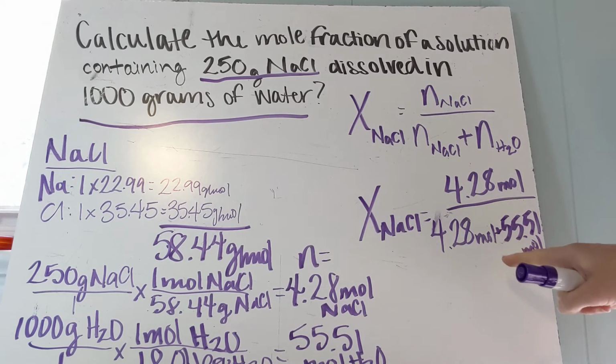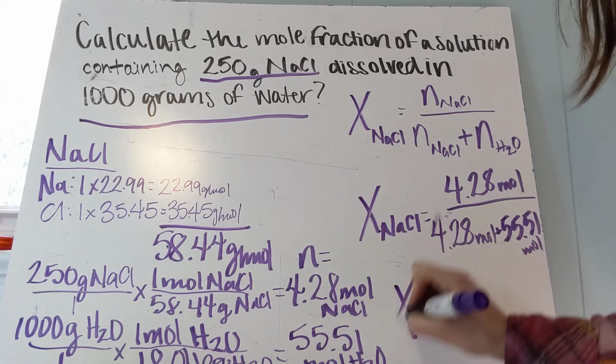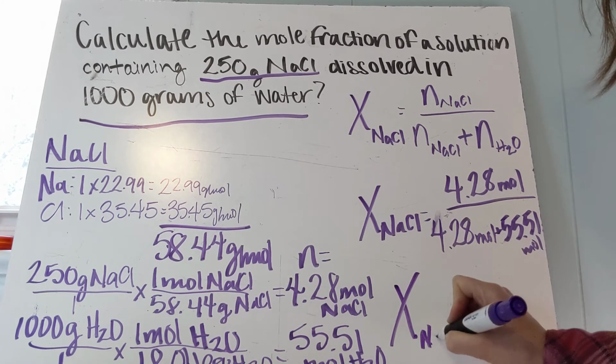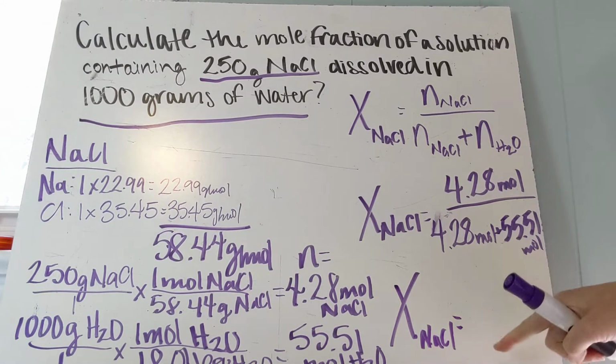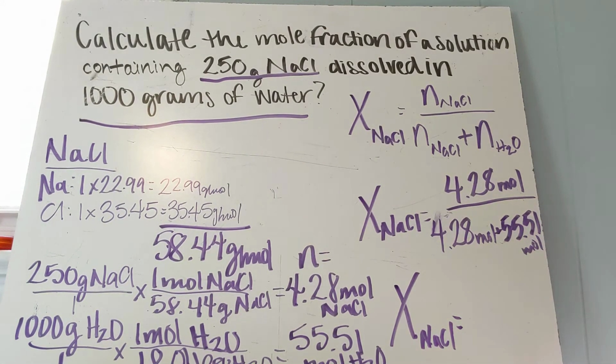Since we're adding, I'm going to have moles divided by moles. That'll cancel. The mole fraction doesn't have a unit. So we'll just get X is equal to no units. I do recommend putting parentheses around the bottom.